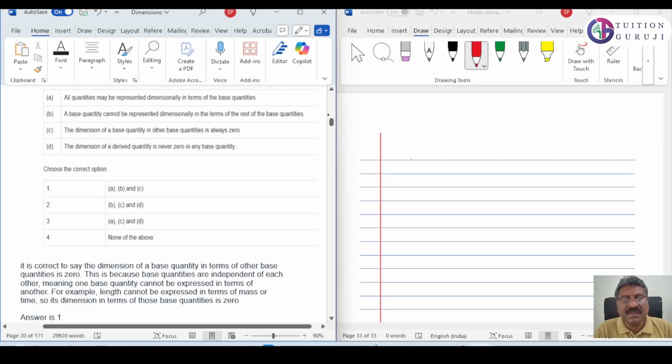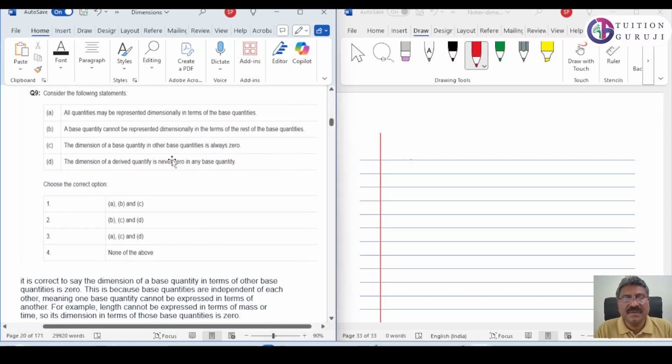The dimension of a base quantity in other base quantities is always 0. The dimension of a derived quantity is never 0 in any base quantities.